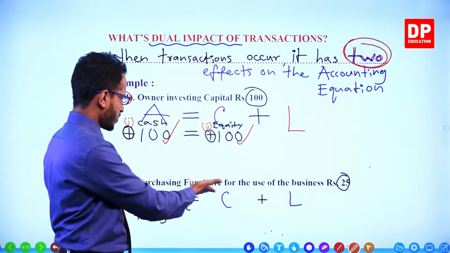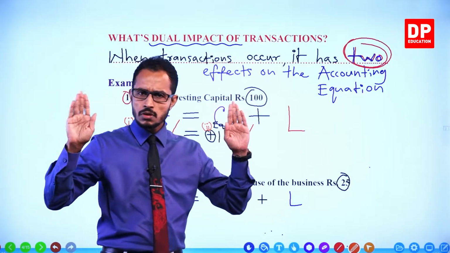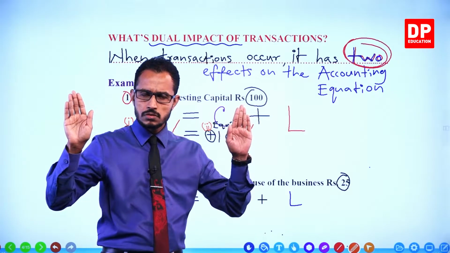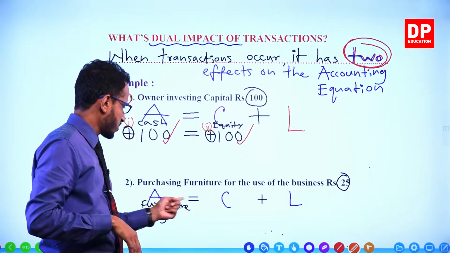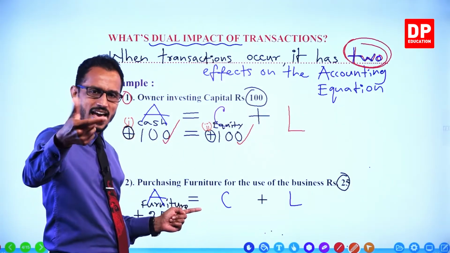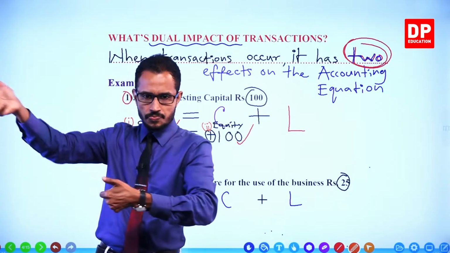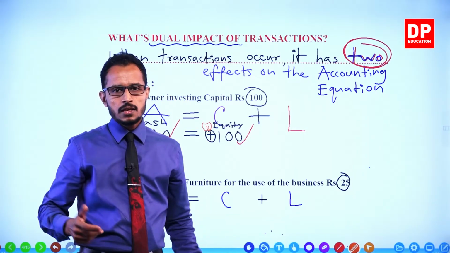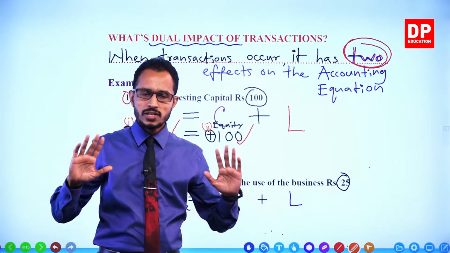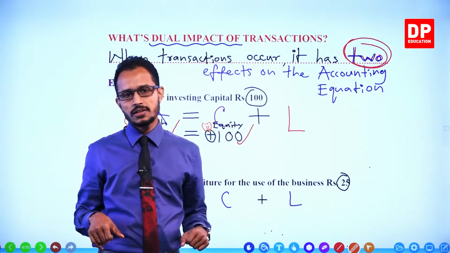Does it say owner invested in furniture? No, children. The owner has not invested anything. Business has spent the business cash or money and brought in furniture to the business. Owner has not invested anything, so the owner's capital or equity is not affected.